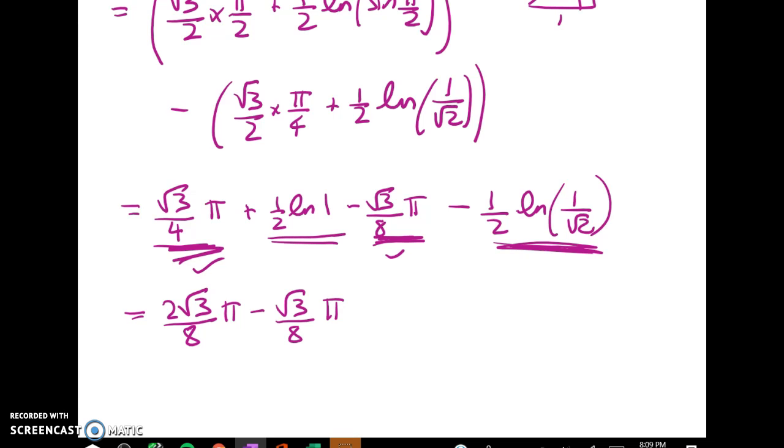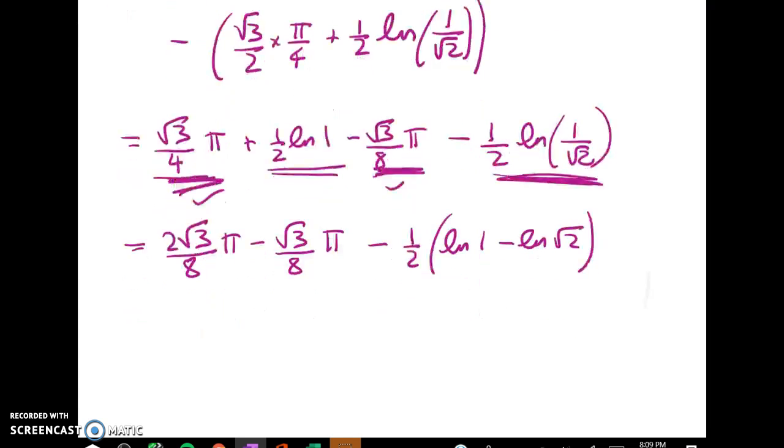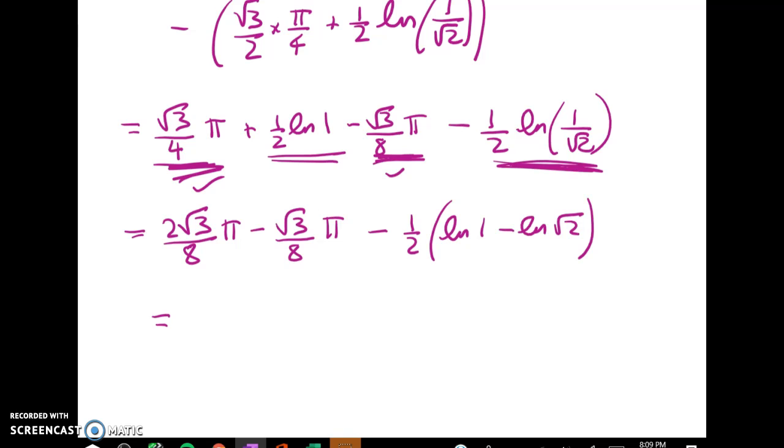This is 0, and here I've got minus 1/2, and I'm going to split this log out like this. Log of 1 minus the log of root 2. So that equals root 3 on 8 pi. This is 0, so I get plus 1/2 log of root 2.